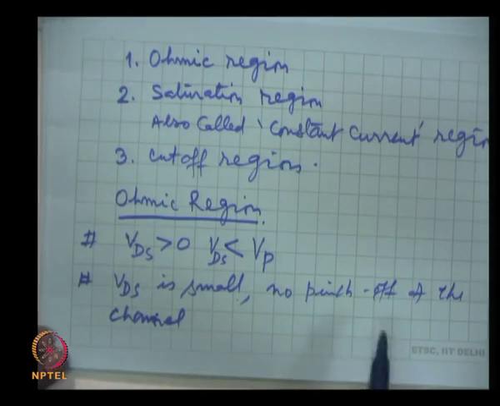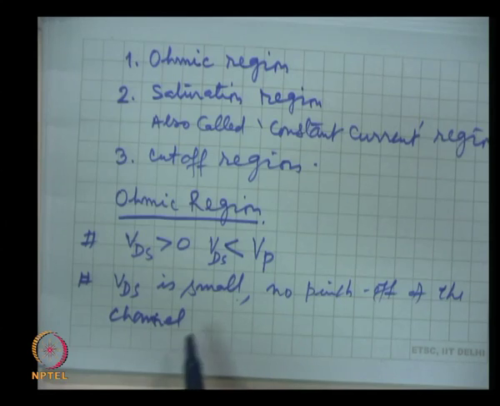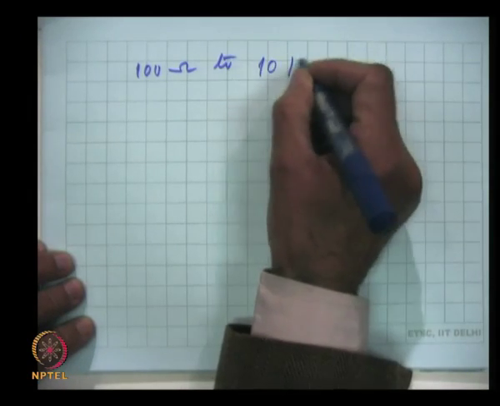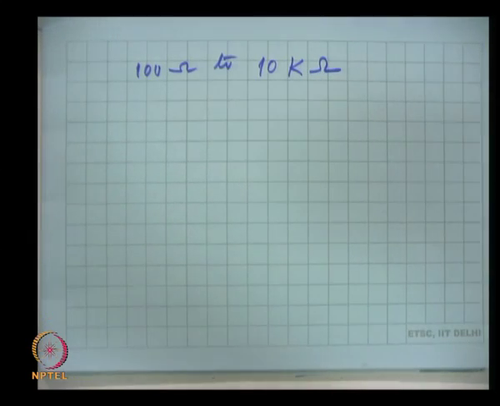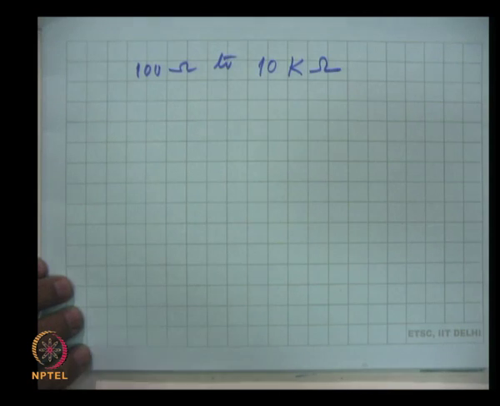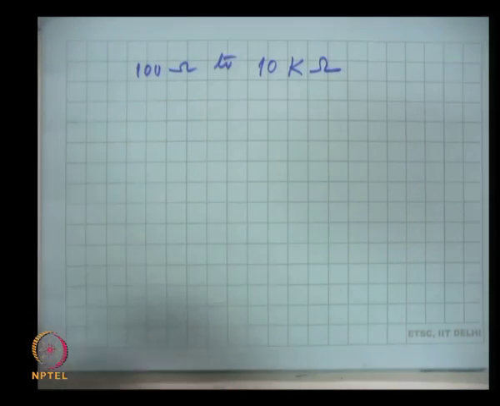So, pinch off does not occur, but the resistance varies with the gate source voltage. The resistance in the ohmic region varies from 100 ohms to almost 10 kilo ohms, and obviously this is a voltage controlled resistance.